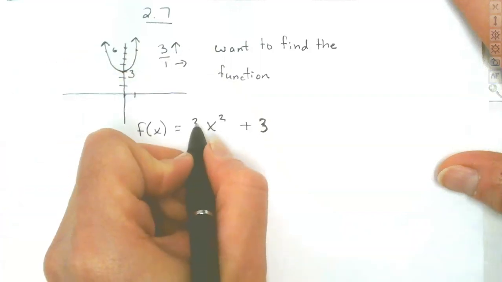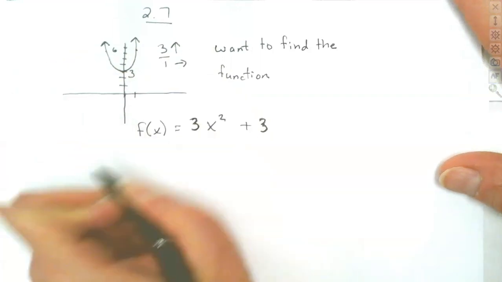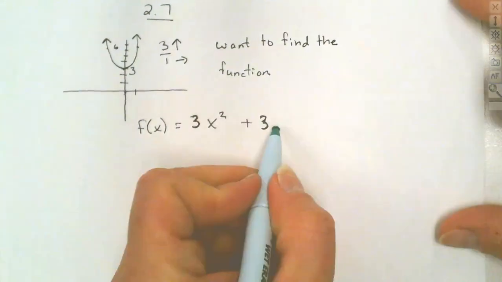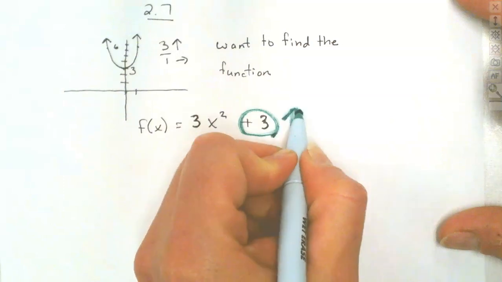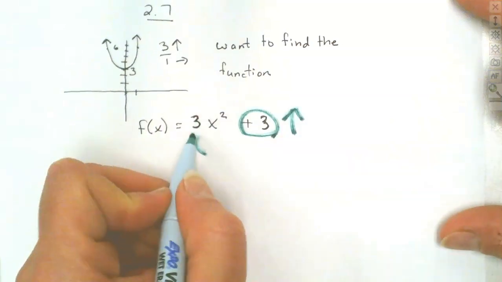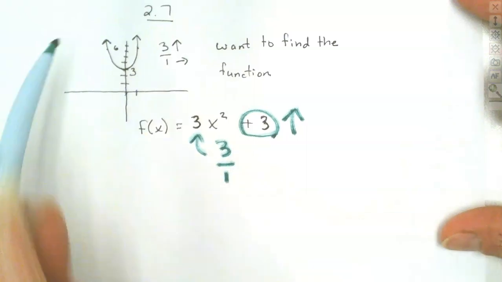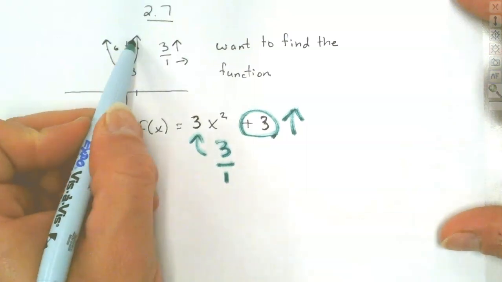So our function then is f of x equals 3x squared, and that plus 3 on the end. We know it's an x squared because it made a U. The 3 on the end is what made it move up. And then this 3 is that 3 over 1, because we had to go up 3 and then over 1.